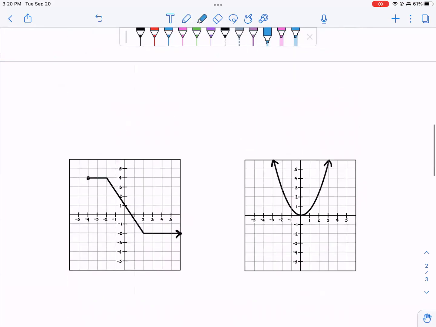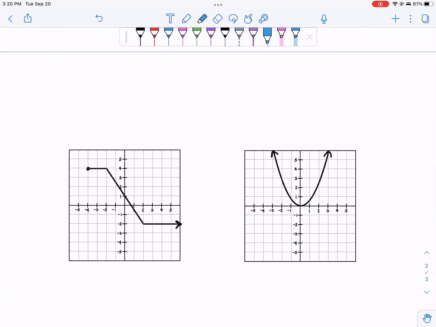All right, just a few more examples. For this guy here, domain, the x values. We know that there's a coordinate point right here at -4, 4. So we know -4 is in the domain because there is a coordinate point with the x value -4.